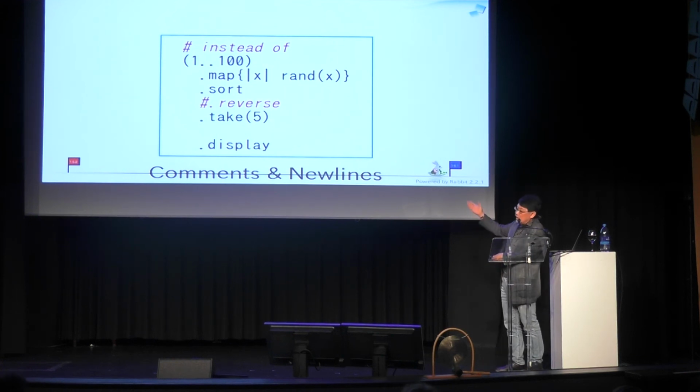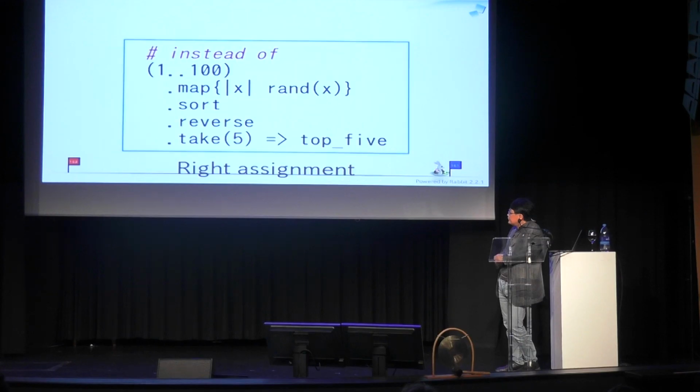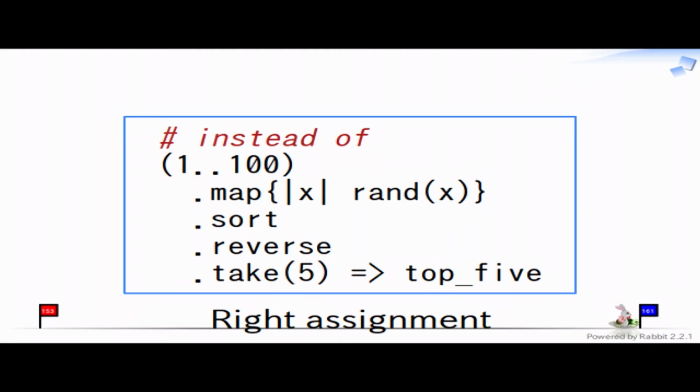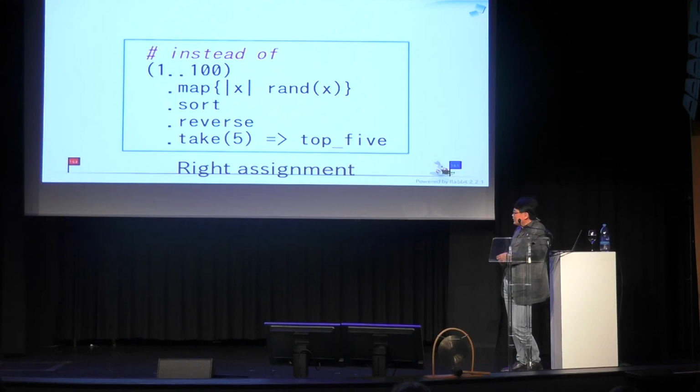But we are working on improving these things, so that in the near future you can comment out the middle of a method chain, or put a new line in method chains. Right assignment is coming, maybe in a different syntax, with different characters. Instead of writing the assignment at the top of the statement, you can add the assignment destination at the end of the expression. Right assignment is coming.